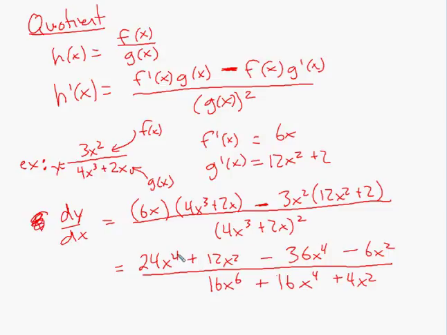Expanding that, multiplying it out. Combine like terms. So 24x to the 4th. Oh, nope, I have a 36 there. So negative, looks like 12x to the 4th plus 6x squared, all over this.